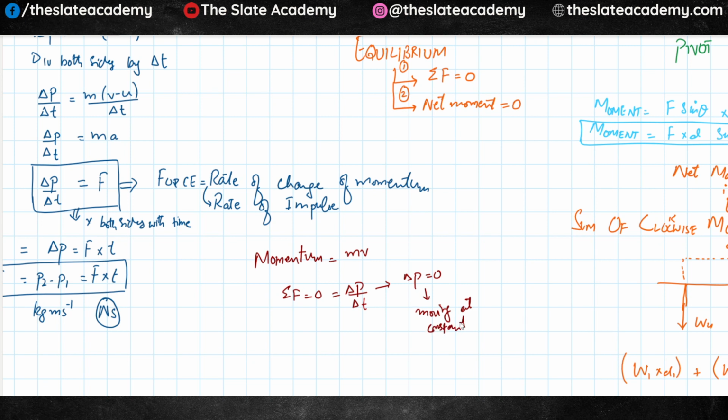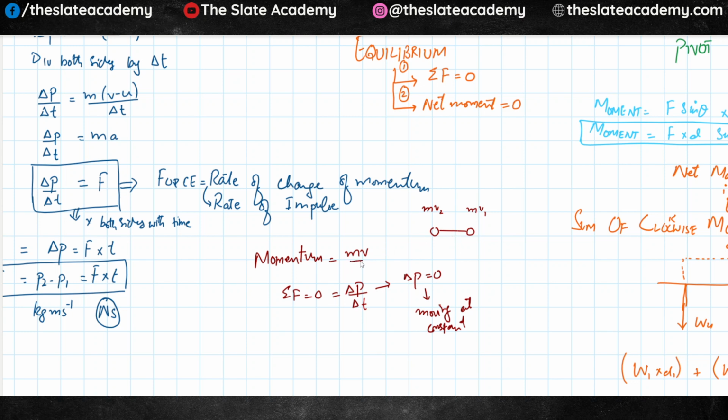Because momentum changes, naturally we would assume that as a body is moving, its mass does not change. So if here it is mv2 and here it is mv1, as long as mass is the same, it's only the change of velocity which causes the change in momentum.